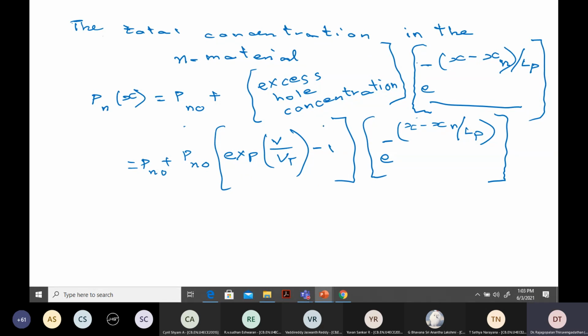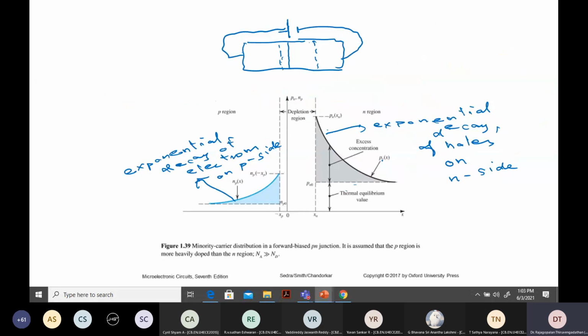Now look here. When x equal to xn, what will this term be? Exponential of 0 will be 1. So at x equal to xn, you will have only this term and this term, because this exponential term will be 1. Look at this picture now. From this point it starts to decrease.